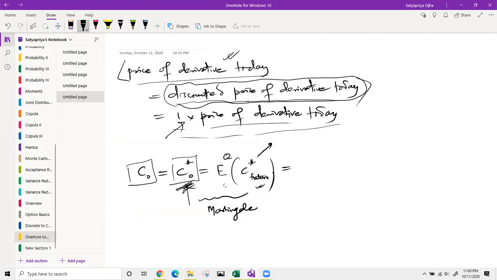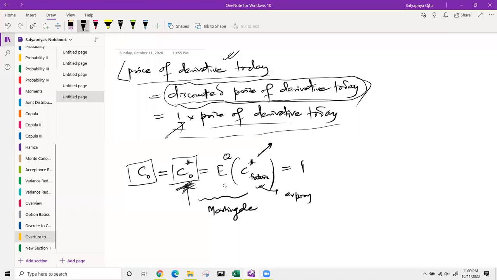But do we know the call price at any intermediate point? We don't. But we know what the price is at expiry. Price at expiry is payoff. That much we know.